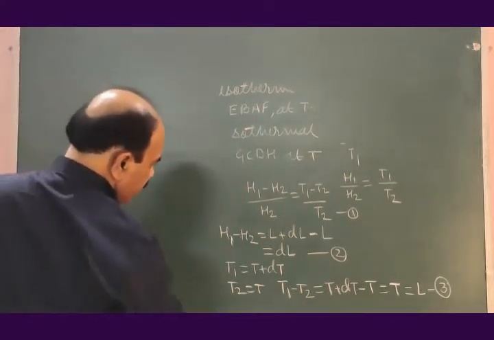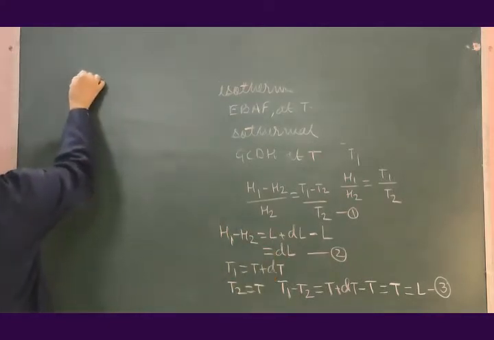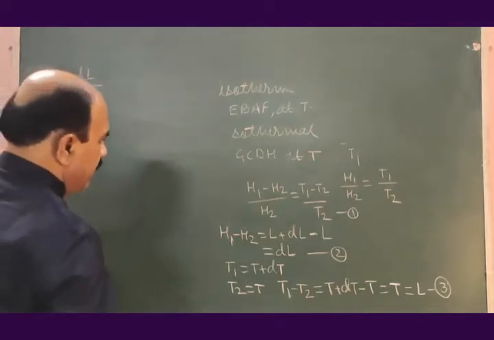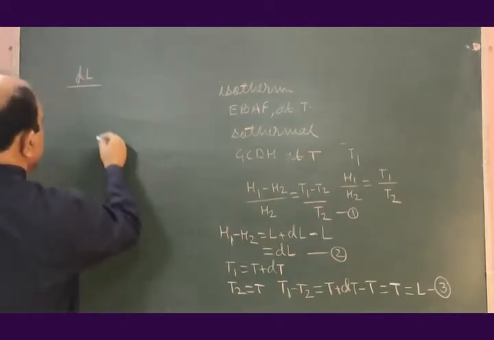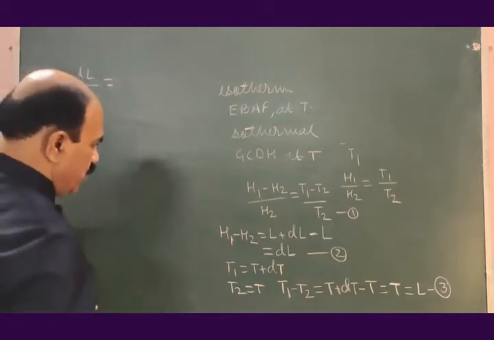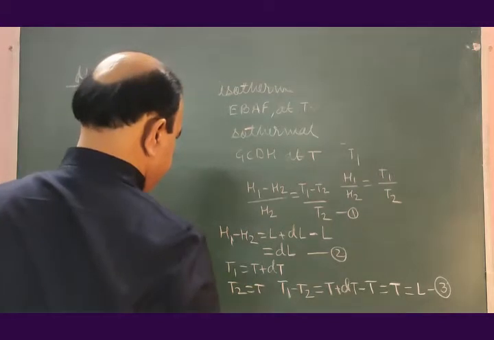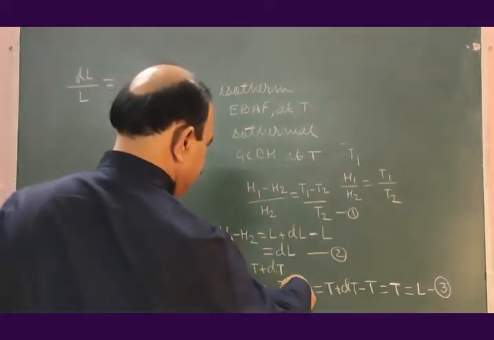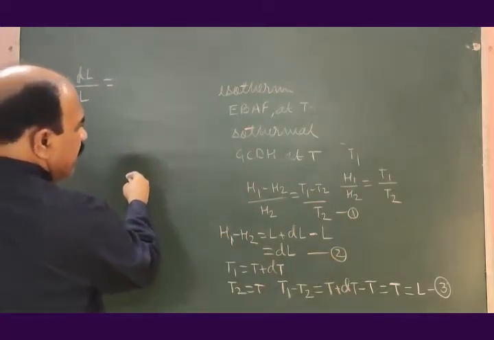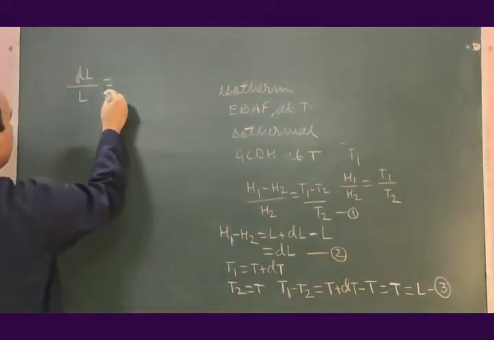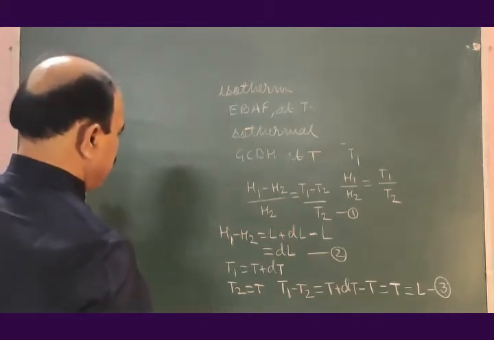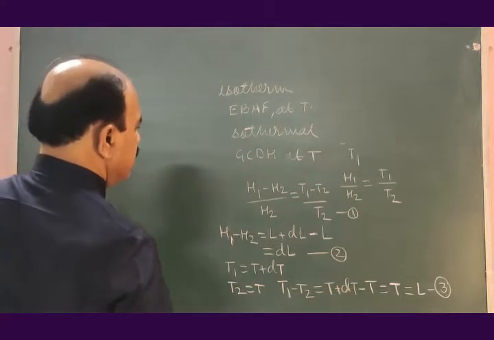H1 minus H2 is dl, divided by H2, which is L, is equal to what is left? T1 minus T2 is dt, divided by T2, which is T.